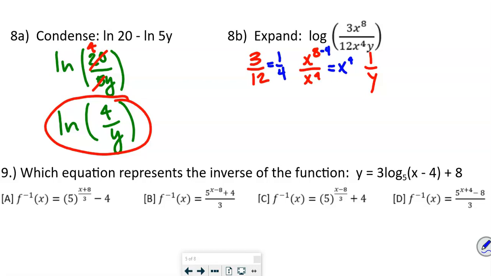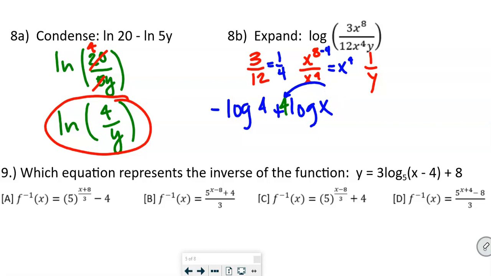So now when we start expanding it, we're going to say the log of 4, but it's going to be negative, right? Because that 4's in the denominator, okay? And then we're going to do plus the log of x to the 4th, but where do we move that 4? To there, right? So we're going to actually go ahead and move it there, and I'm going to erase it, okay?